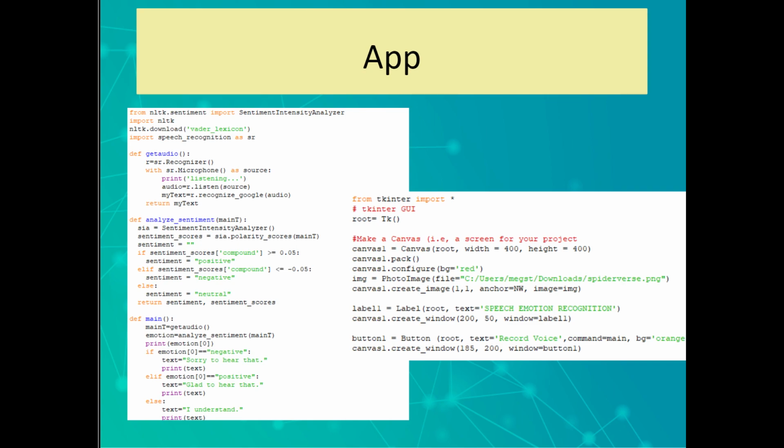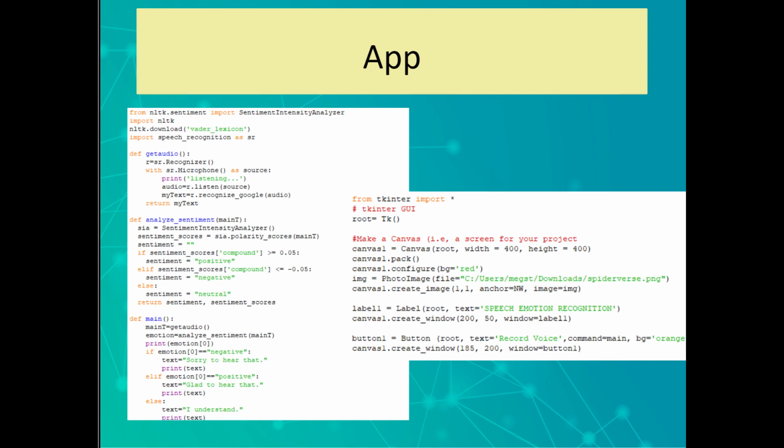This is our code. For the left code, you can see we imported all the libraries on top, and we had a function, get audio. Get audio scans for whatever the user is saying, takes that in as a value, and stores it as a variable. Then the function analyze sentiment determines if it's positive, negative, or neutral depending on the value of 0.05, as you can see in the conditional statements.